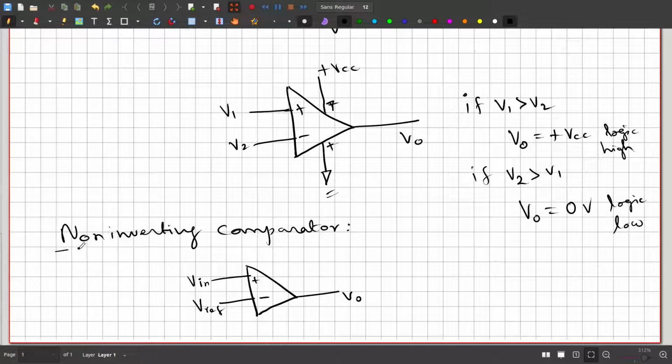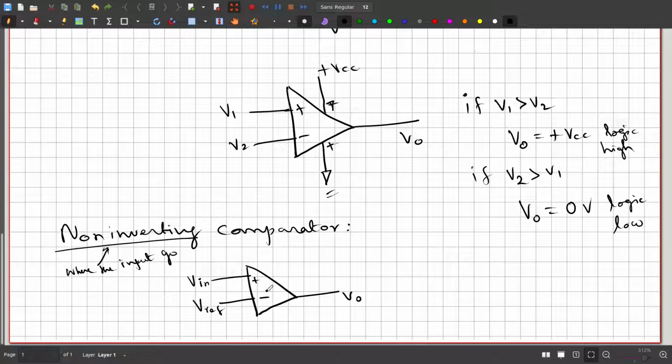This is determined by where the input goes. If the input goes to the non-inverting terminal, then the comparator is called a non-inverting comparator. If the input goes to the inverting terminal, then it is called an inverting comparator.